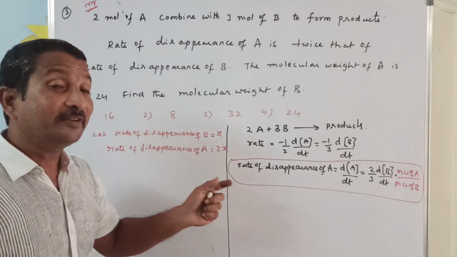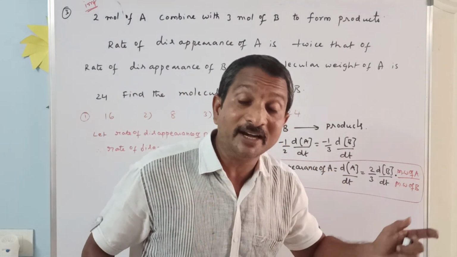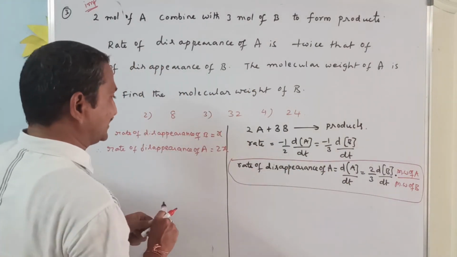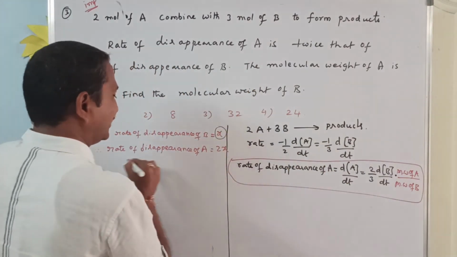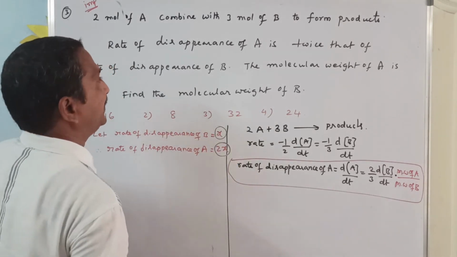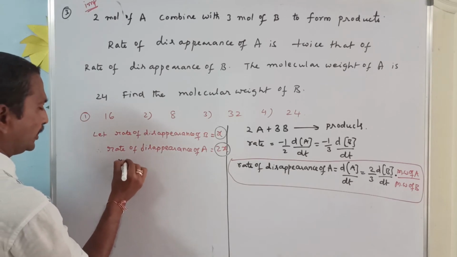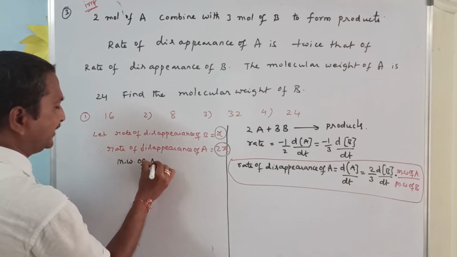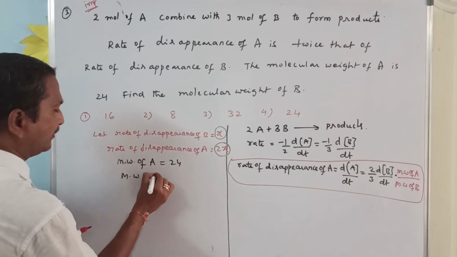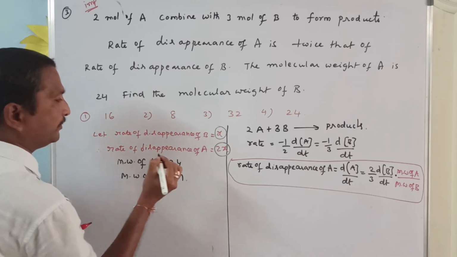Why? Because rate of disappearance of A is twice that of B. If it is x, rate of disappearance of A will be 2x. Then molecular weight of A is equal to 24. Molecular weight of B, question mark, let it be m.